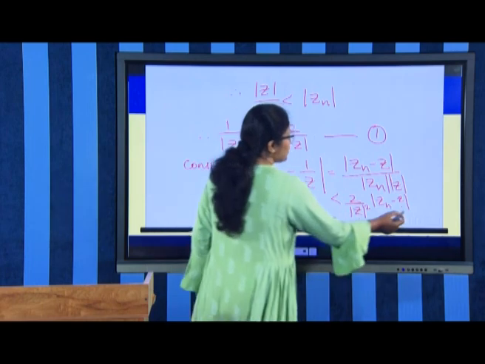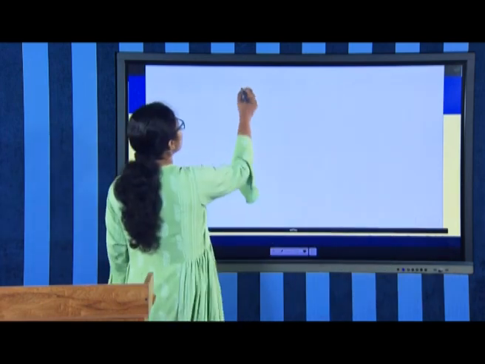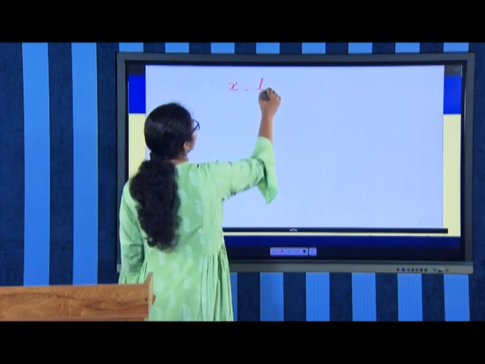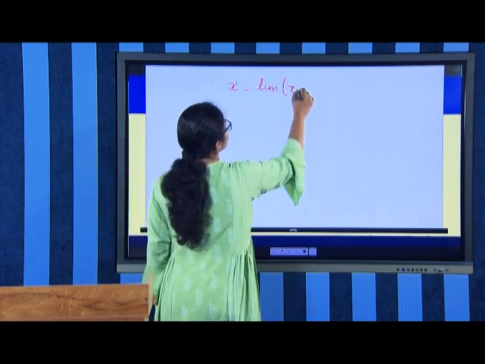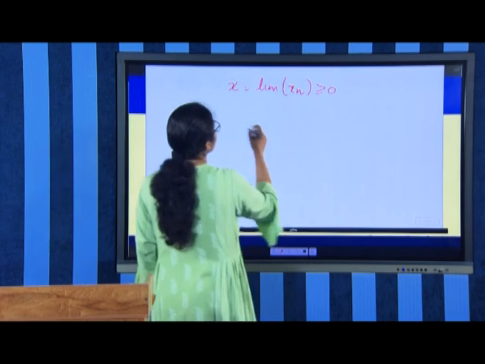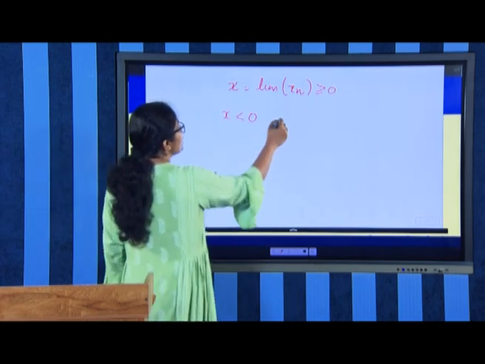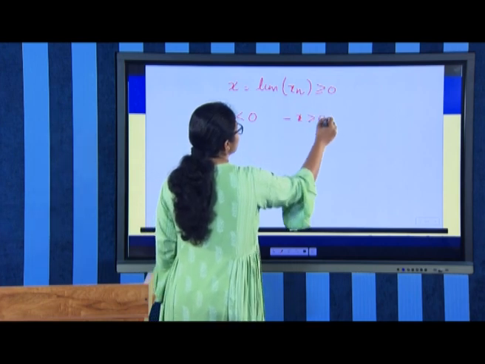The proof is something very similar. Suppose we have to prove that x, the limit of xn, is greater than or equal to 0. If possible, let us take x less than 0. Then what happens? Negative x is greater than 0.